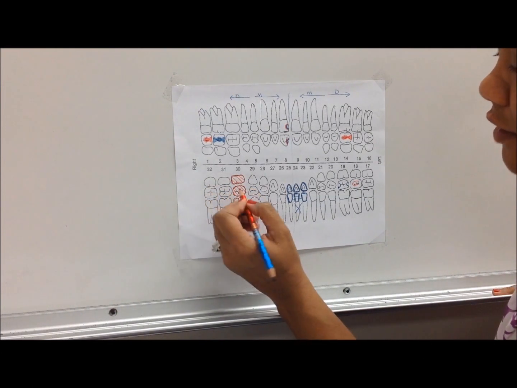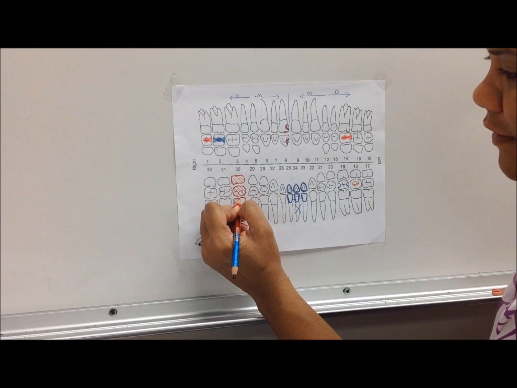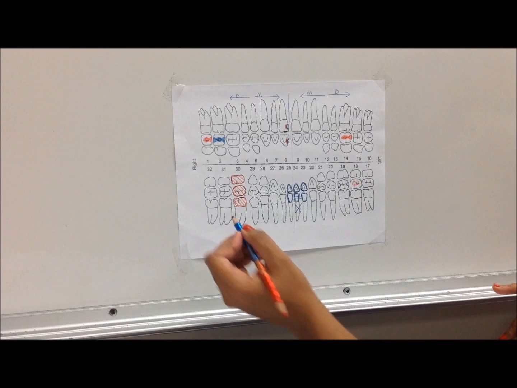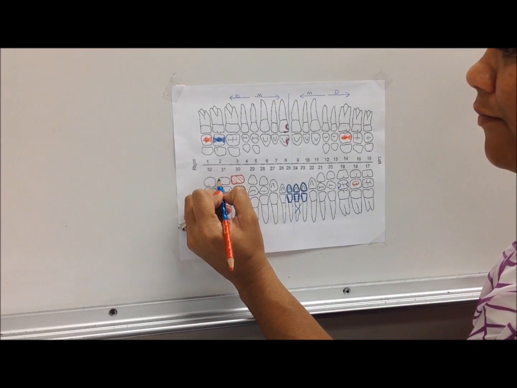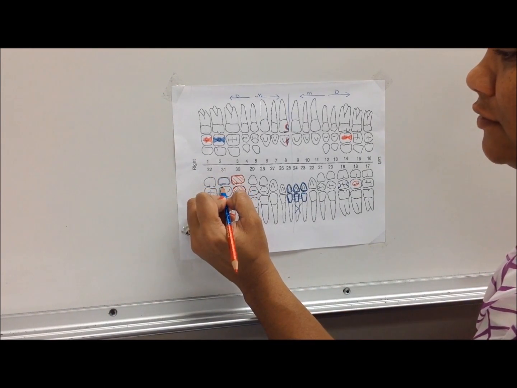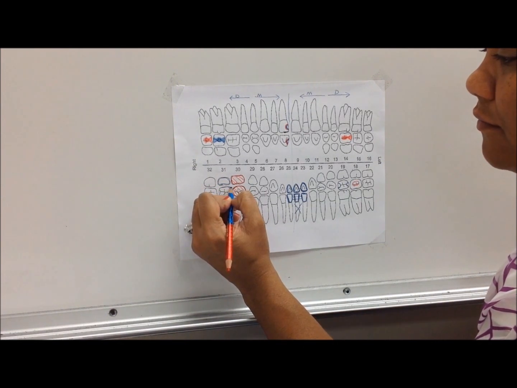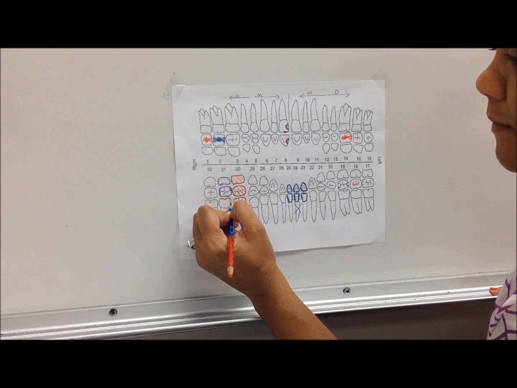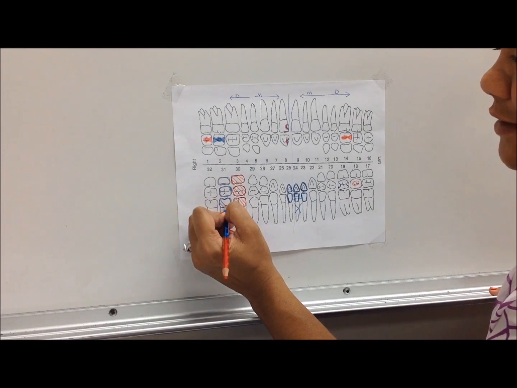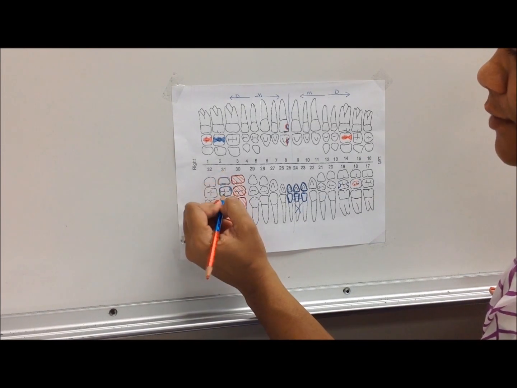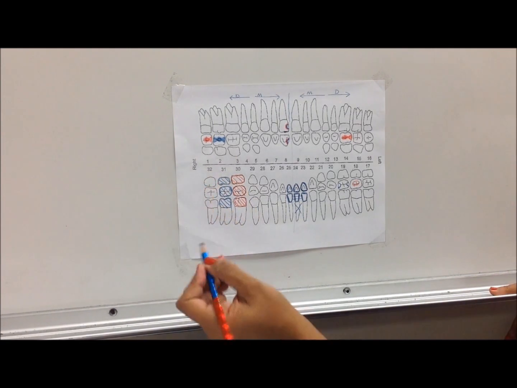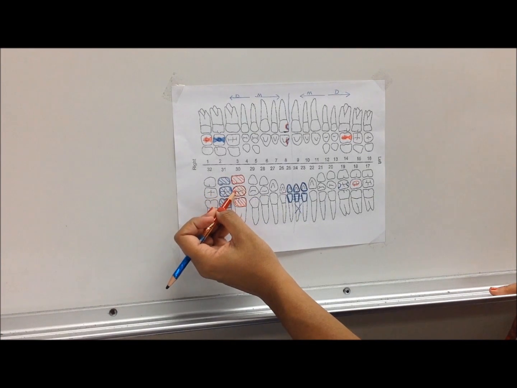That lets me know that a gold crown should go there. If there's already an existing gold crown, you would chart it with blue. So you just go through and outline quickly. And this lets me know that there is an existing gold crown on tooth number 31.